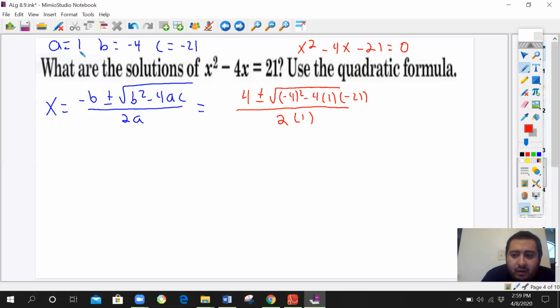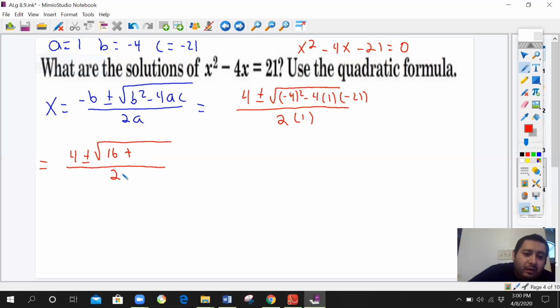All right, so let's continue. You have a 4 plus or minus 2 square root. -4 squared will give us a 16 minus, well, minus and minus turns into a positive, so negative negative turns into positive when you multiply them.